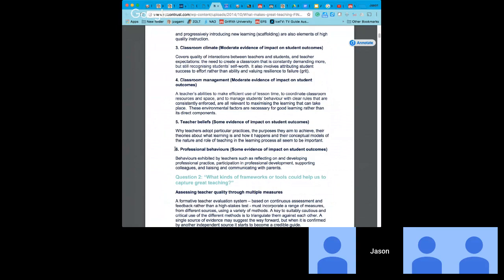Particularly that's evident in the more progressive approaches, but it is one of the criticisms of the more traditional approaches.